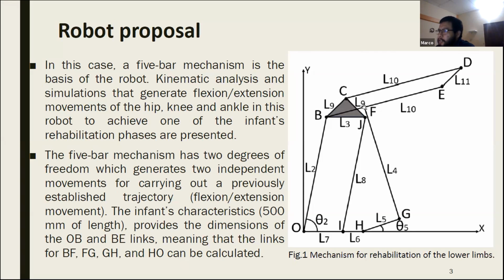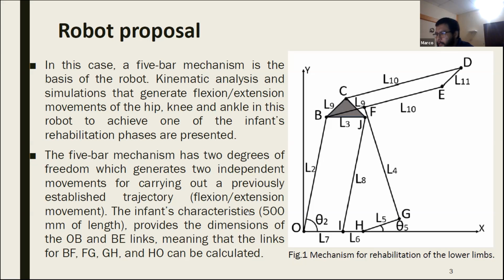Kinematic analysis and simulation generate flexion and extension movements of the hip, ankle, and knee. The 5-bar mechanism has 2 degrees of freedom, which generate 2 independent movements for carrying out a previously established trajectory, a flexion-extension movement.